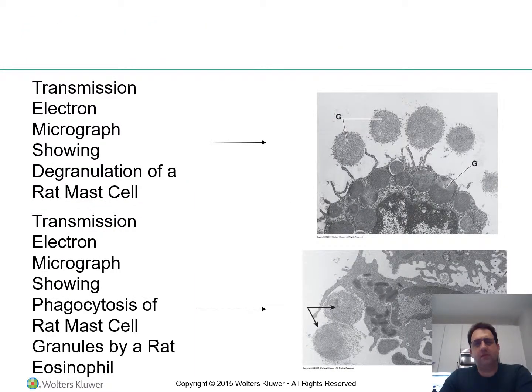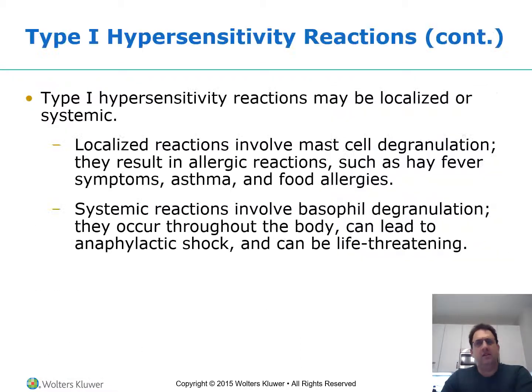And this is what it looks like in real life. Now, type 1 reactions can be localized. If they're localized, they usually just result in a rash, maybe hay fever or asthma or something like that. But it's one area. Systemic reactions can happen, and they typically are the version that we worry about, the anaphylactic shock, which can be life-threatening.